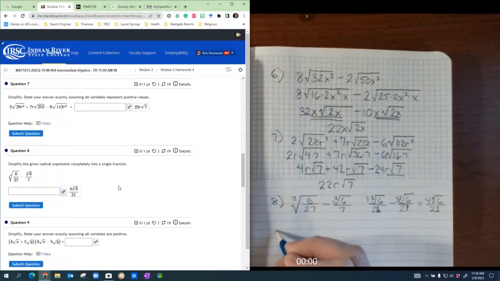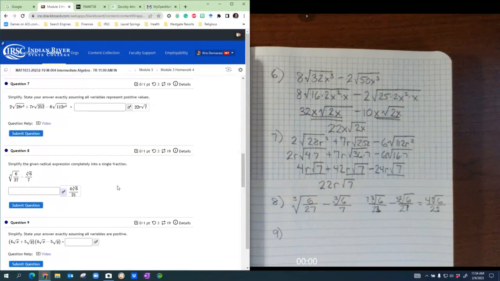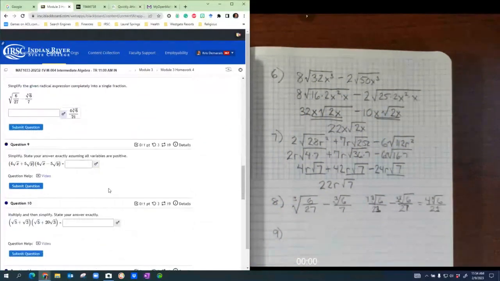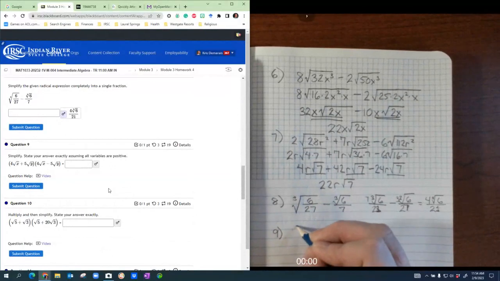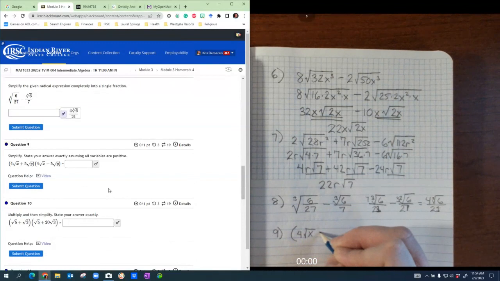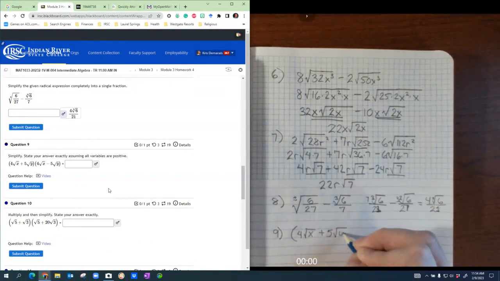All right. Now 9. Let's do number 9. Now we're doing multiplication. So this is interesting. So let's look at this operation. I got a strategy for you on this one.